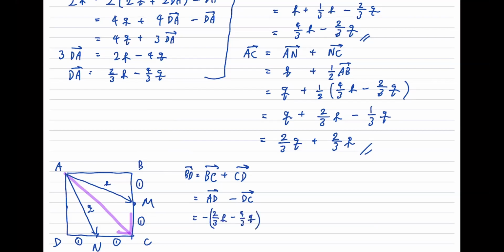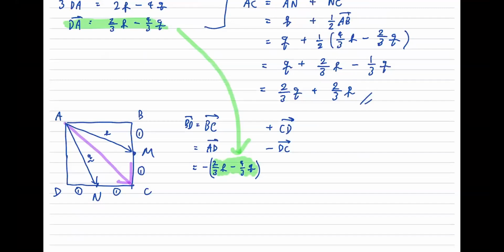Okay, maybe I'll just leave a gap here. Then maybe I'll circle this in light green, highlight this. Oh, just negative. Okay, wait, I'll show one more intermediate working. This is really just equal to negative of DA and minus DC. Is it clear? Okay, then DC, do we have DC?